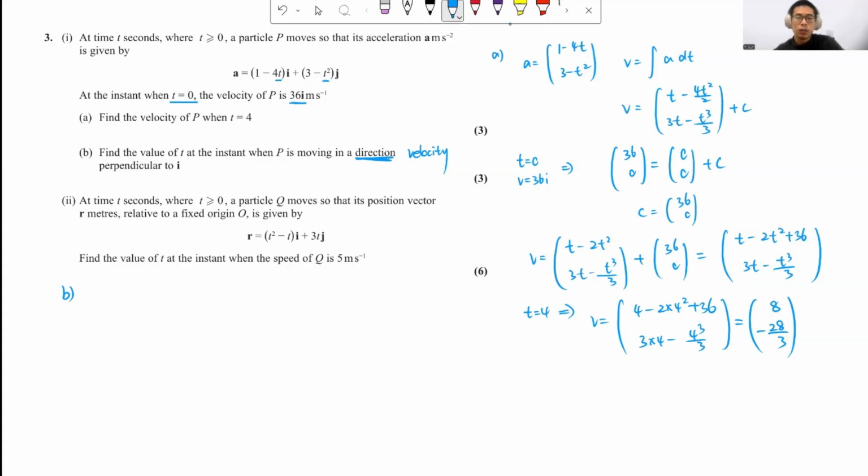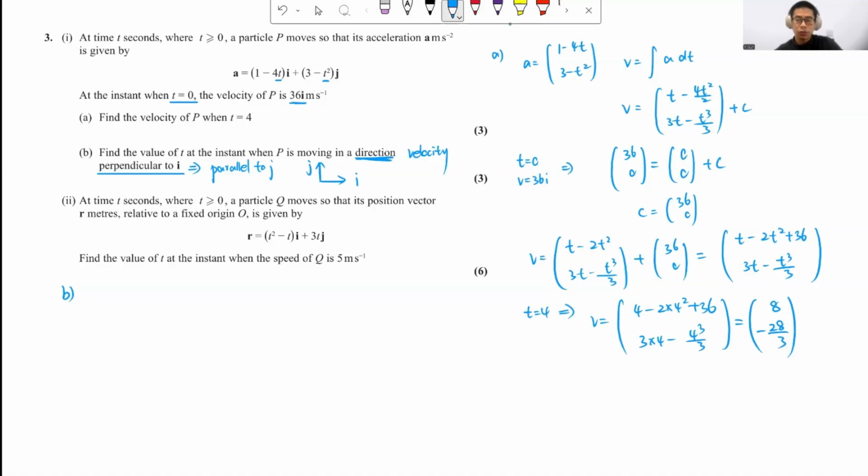Is it moving in a direction which is perpendicular to i? If it's perpendicular to i, that means it has to be parallel to j, because i looks like this. Now if it's perpendicular to i, it has to be this component. So it has to be in the same direction as j, so parallel to j.